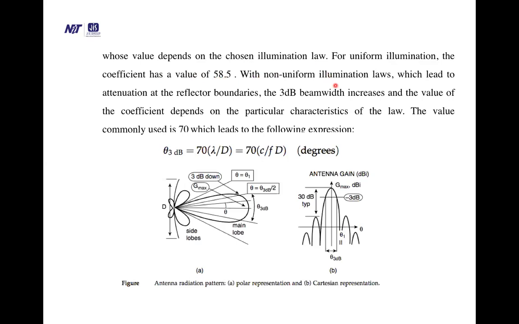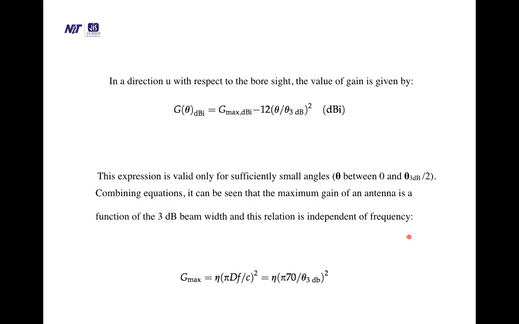With non-uniform illumination at the reflector boundaries, the 3 dB beamwidth increases, and the value of the coefficient depends on the particular characteristics of the law. The value commonly used is 70, which leads to the following expression: theta 3 dB is equal to 70 times lambda by D, that is, 70 times c by fD degrees. This is the antenna pattern in polar representation, and this is the Cartesian representation.